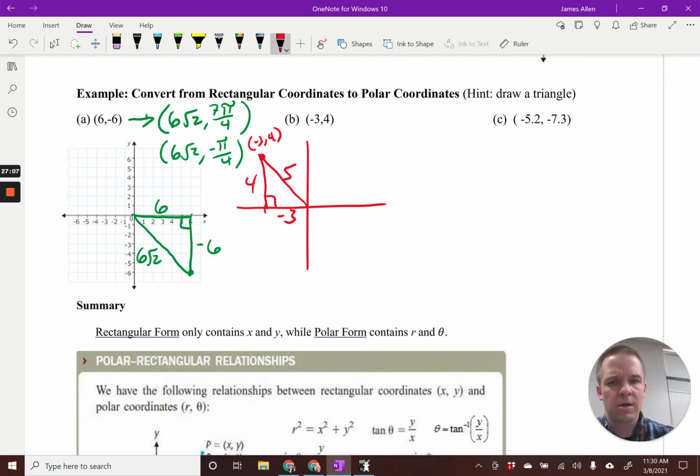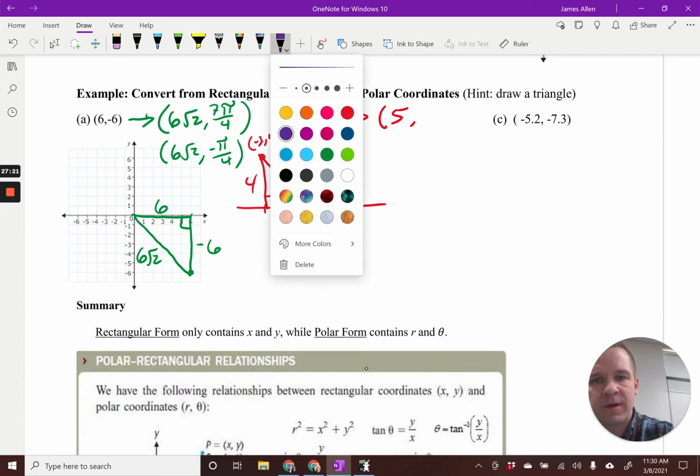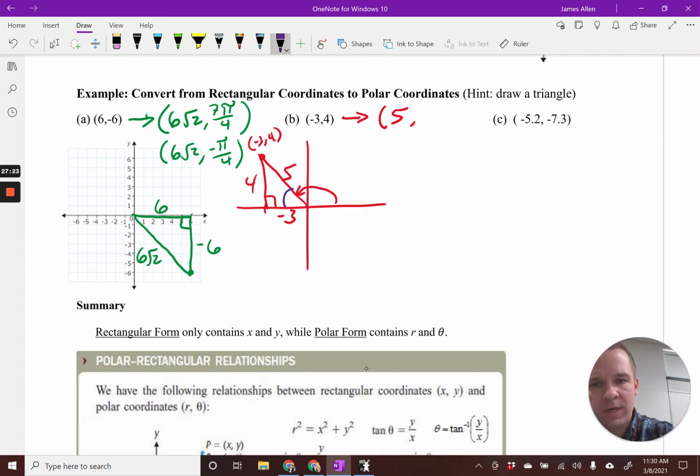3, 4, 5 triangle. Okay, so I've got my radius of 5, but I need my angle. The angle that I want is this angle right there. That's what I want for theta. But a little bit of tricky trig can help me figure out this angle right here. How would I do that? I'll call that alpha for now.